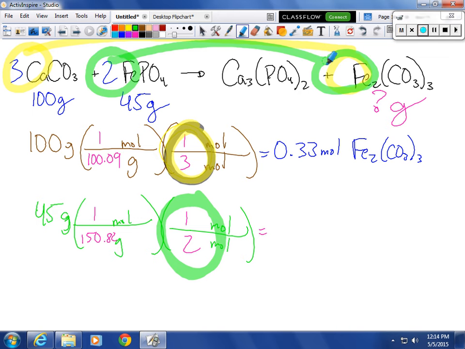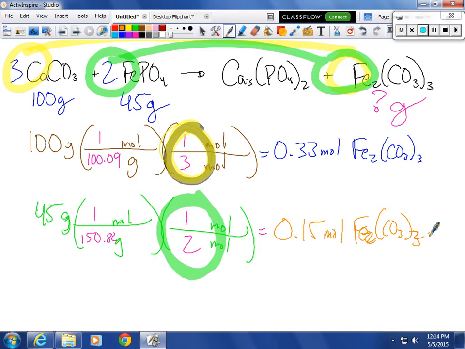The masses are already on there, right? You with me on that? Okay. All right, so what's the bottom one? 0.15. 0.15 moles of Fe2CO3. Did that earlier today.